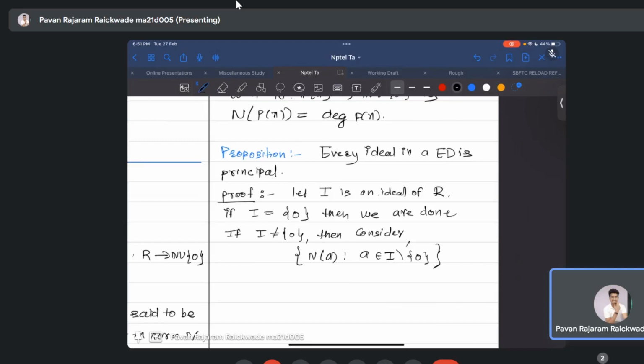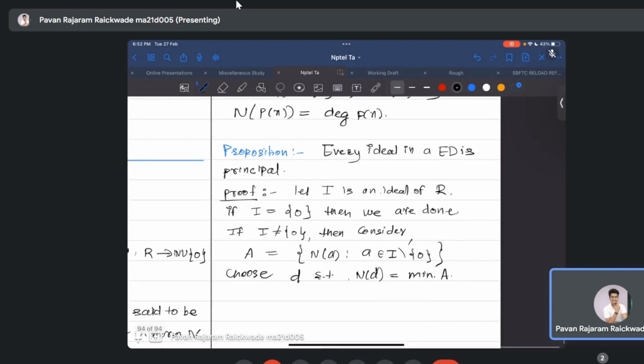So choose D such that n of D equals the minimum of n of A. This will exist because of the well-ordering principle in natural numbers, right? You will have this minimum for n of A, and then you choose such an A for which n of A is minimum. Okay.